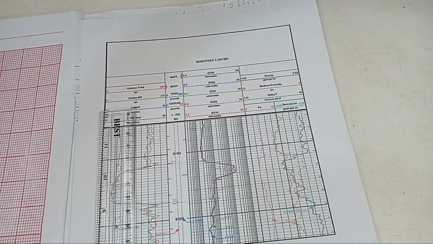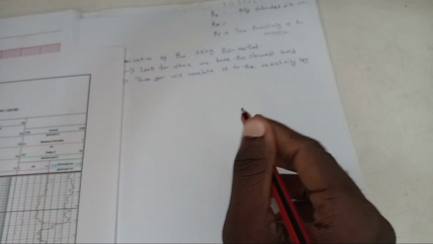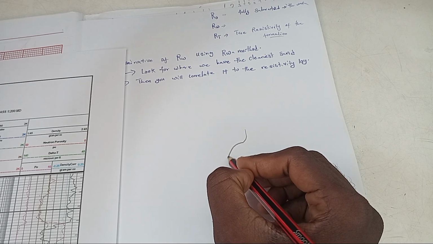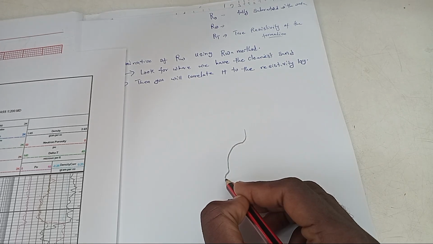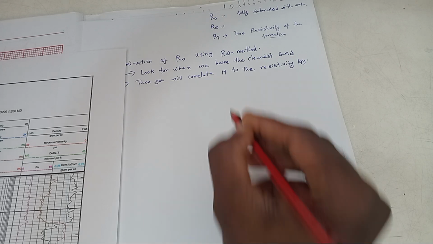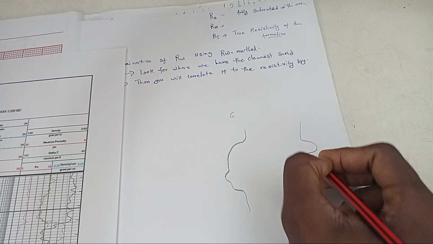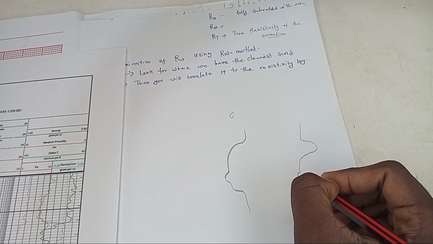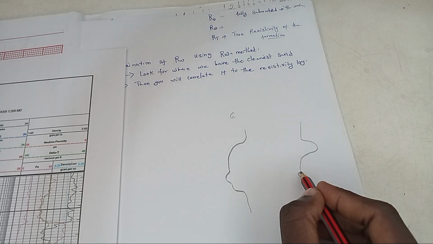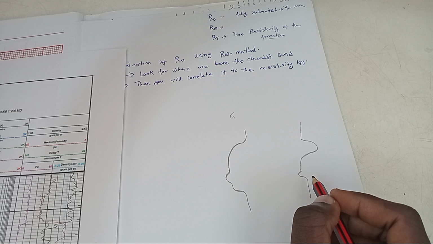So what I'm clearly saying is that you correlate. This is your gamma, and your log looks like this, for example.